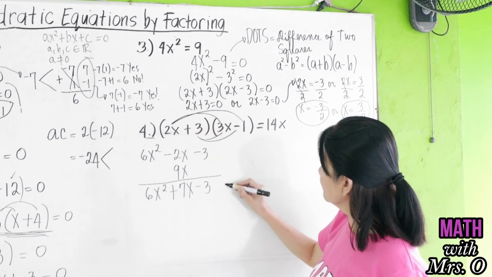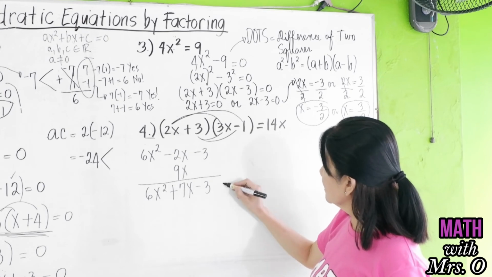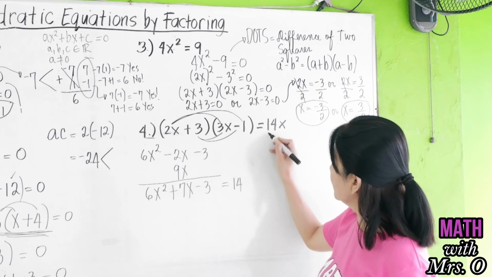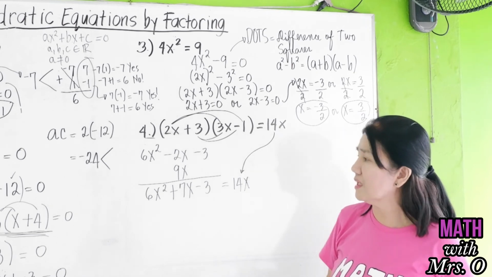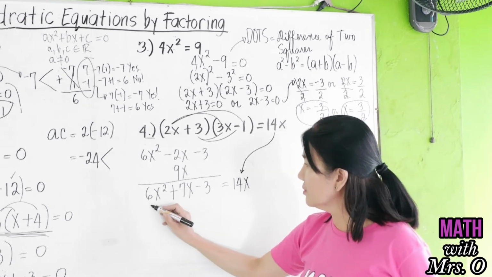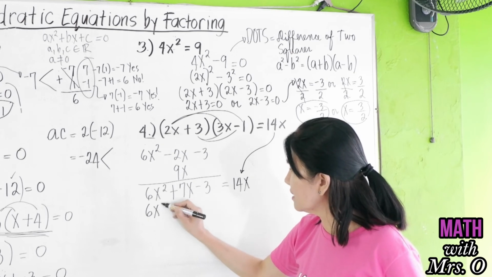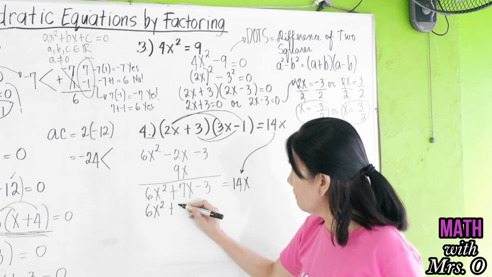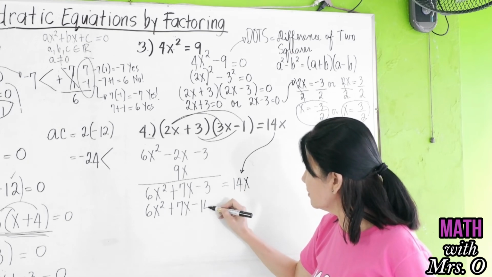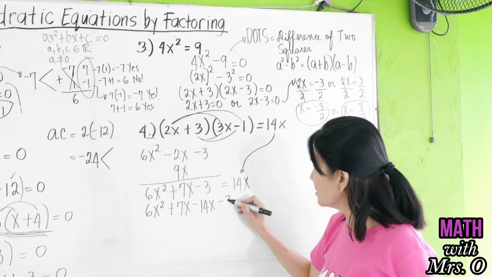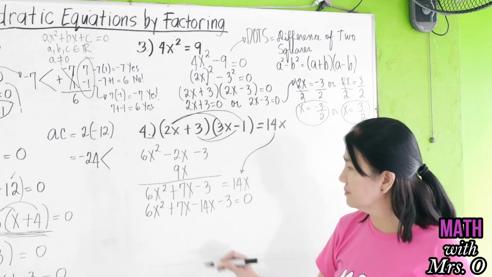And then it is equal to 14x. There, we just put this down. So transpose 14x, so 6x squared plus 7x, minus 14x minus 3 equals 0.